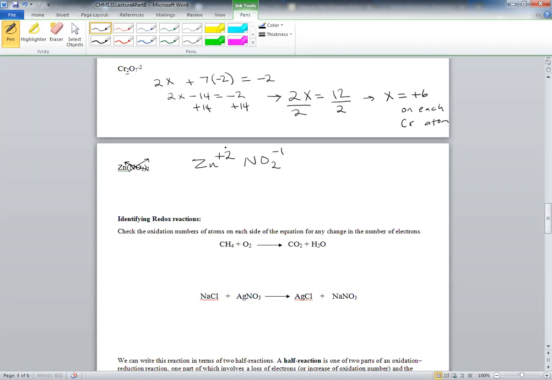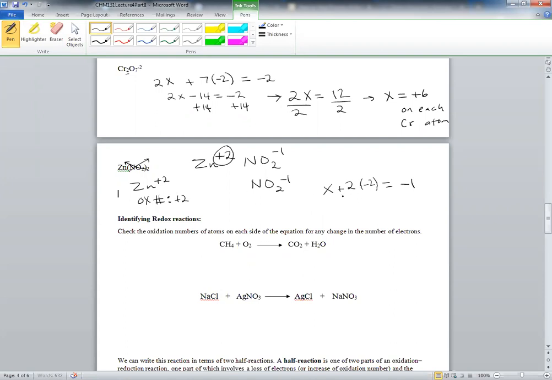So now here's the oxidation number of zinc. It's an ion. So zinc is taken care of, plus 2. So the oxidation number is plus 2. And now you have to do nitrite by itself. So in this case, it would be 2 oxygens, so it's 2 of them.